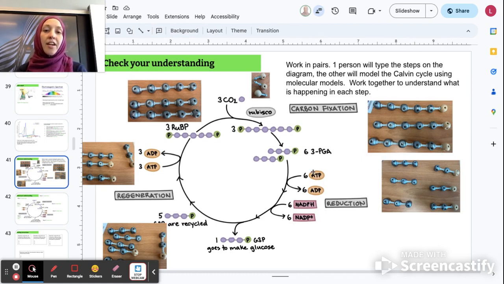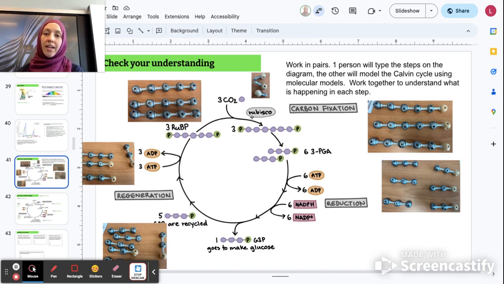Then over here, we split these chains into 3-carbon molecules, right? Into 6 3-carbon molecules. One of these molecules we kind of threw off to the side to make glucose, where the other 5 were recycled so we could do this cycle again. So let's kind of recap this.